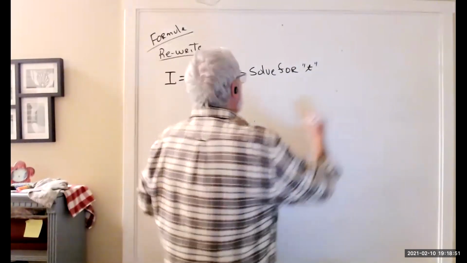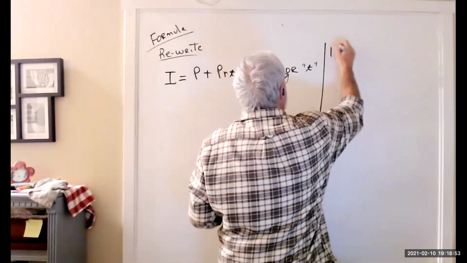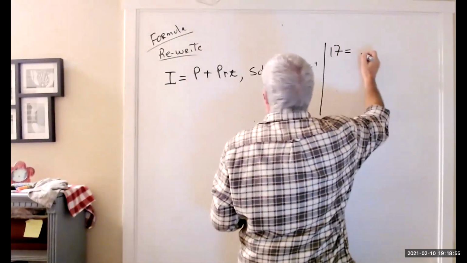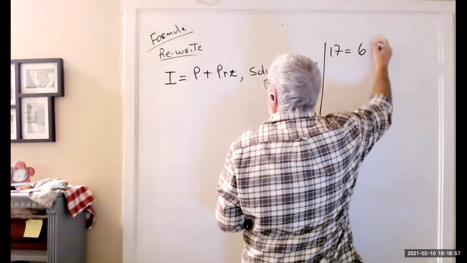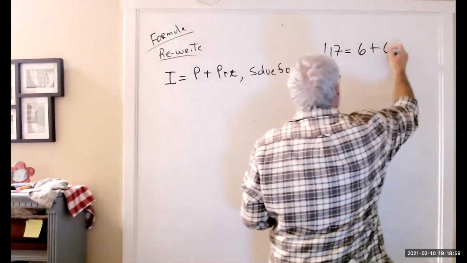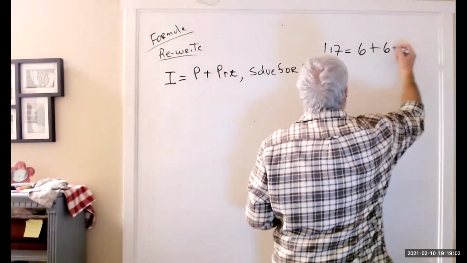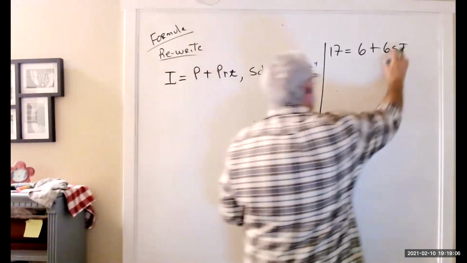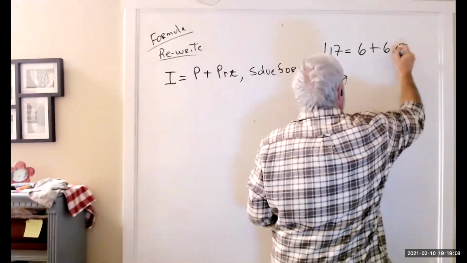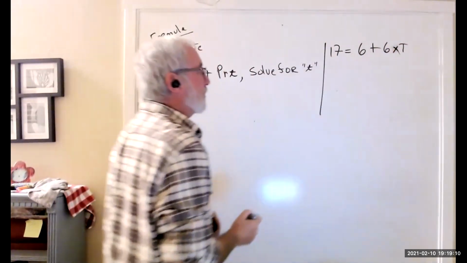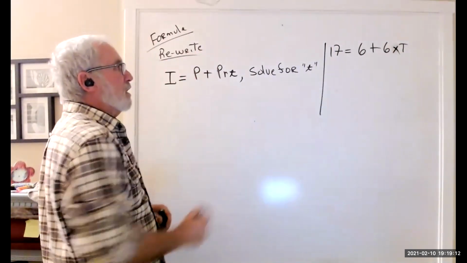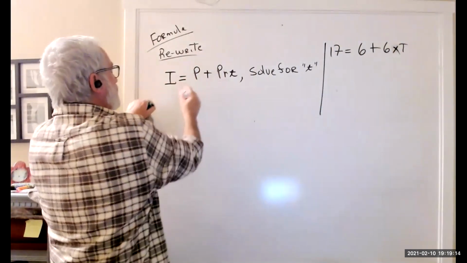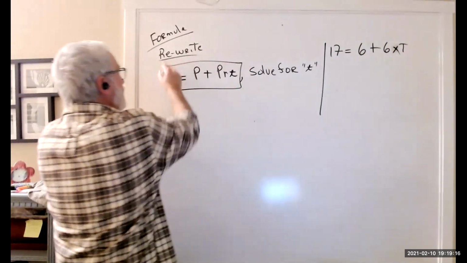Okay, so I've got something like 17 equals 6 plus 6XT.